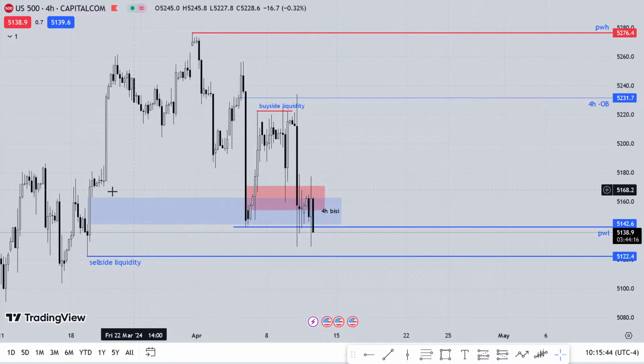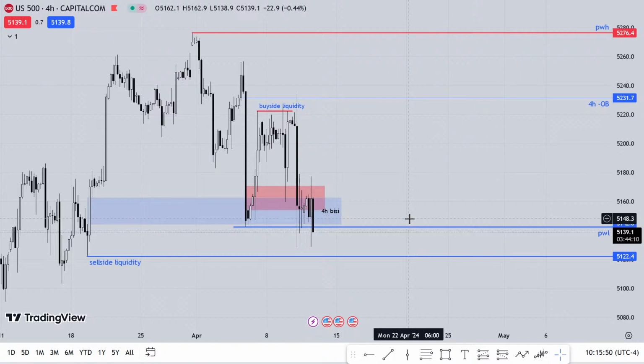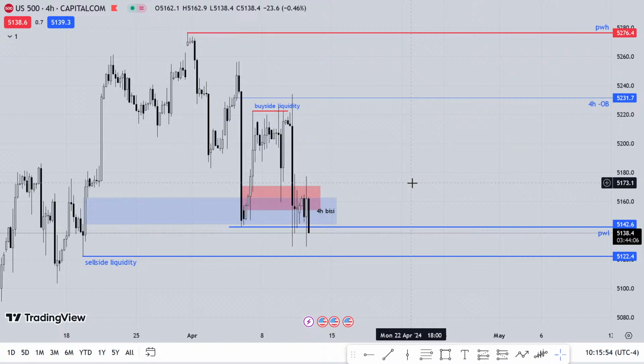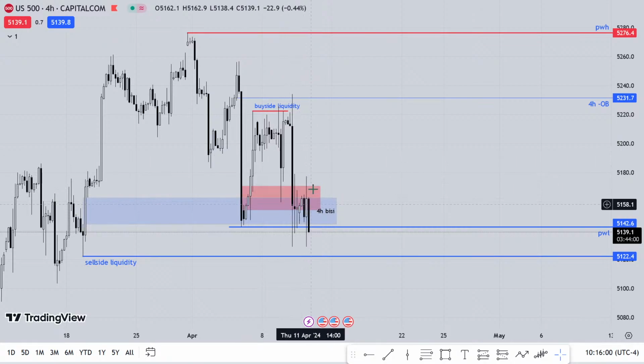Price is expecting the upper portion of this 4-hour BC, which is the narrative in play. The body tells the story, which is the narrative that is in play. These wicks are just for doing damage.